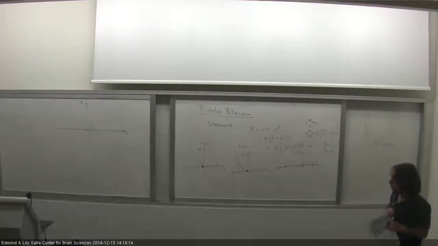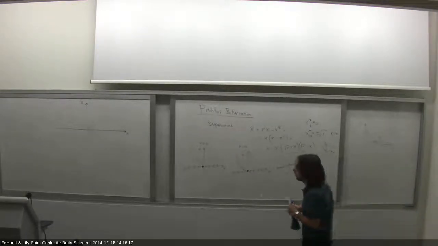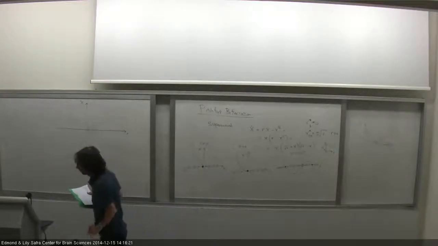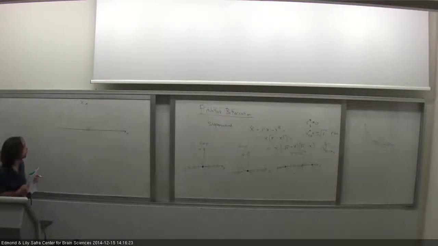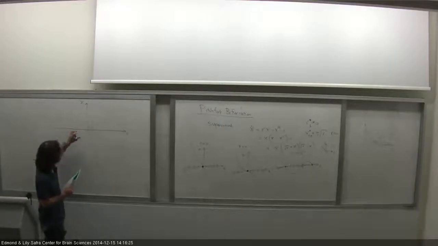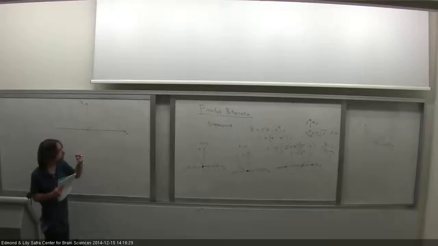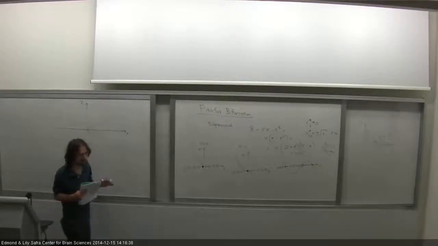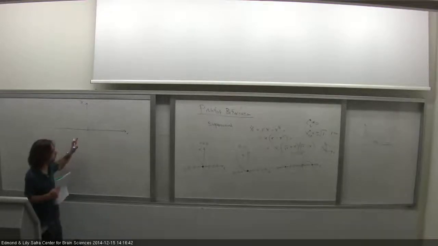It looks like a pitchfork. You could also call it a trident, but that's not a term that's used. And it's called supercritical because the critical value of R is 0, and above the critical value of R, you get more fixed points. So this is the supercritical.